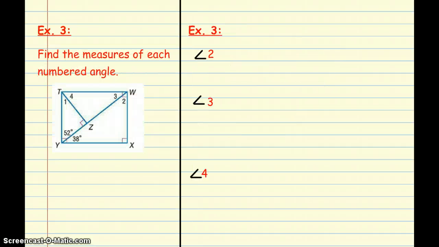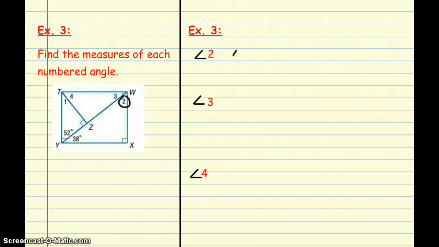Last example. We need to find the measures of each numbered angle in this particular diagram. Actually, only angles 2, 3, and 4 here. As we take a look at this diagram, we'll start with angle 2.